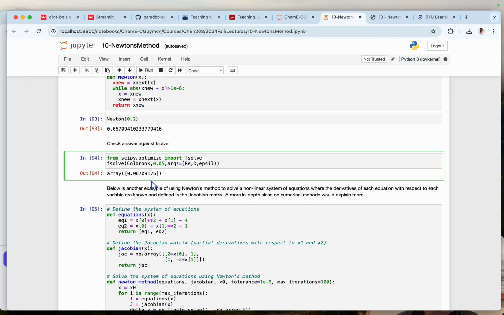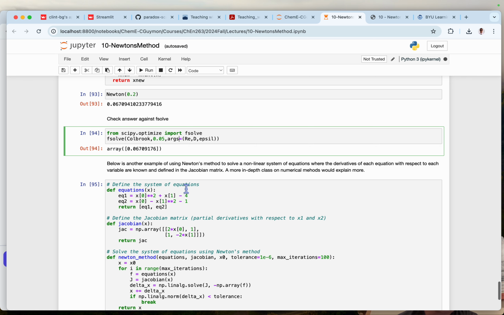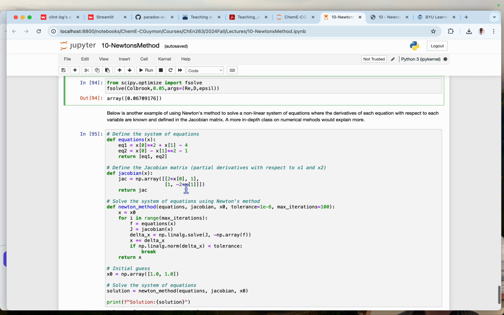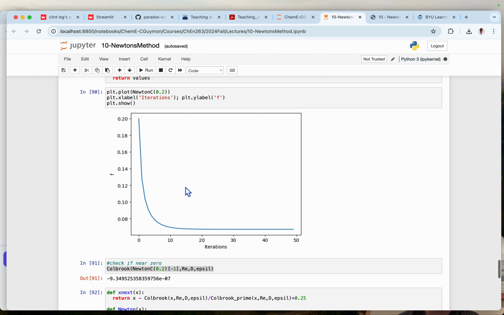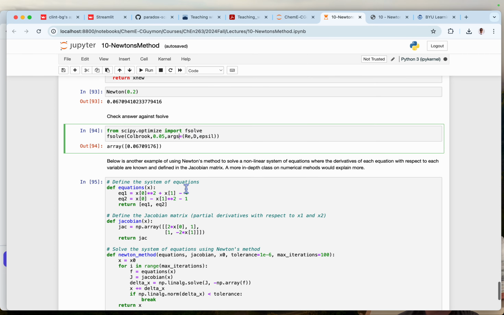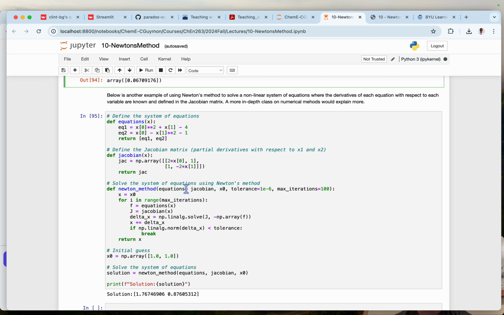Well, perhaps not the same one, but very close, within 5 decimal places. Or looks like 4 significant figures. And so there's the Newton's method. I hope that's helpful, and we'll use that in your homework, and we'll talk about it in class.